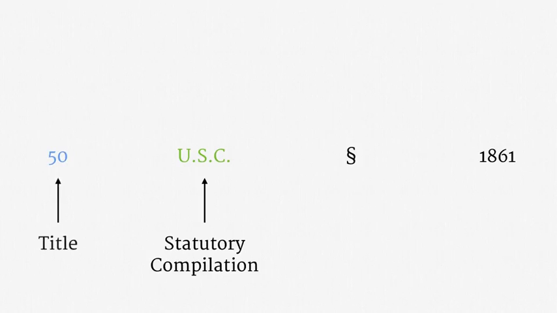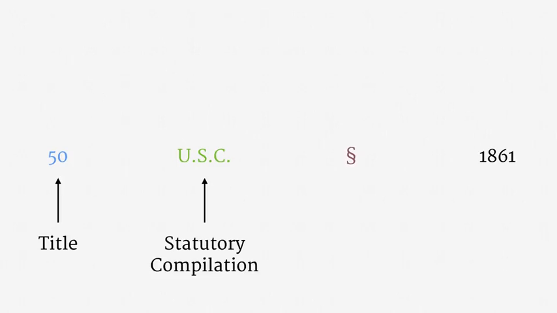For clarity, let's separate the components. The reference to USC in the middle tells us which statutory compilation this is. It's the United States Code, which contains federal statutes. The 50 on the left tells us which title of the compilation we're looking in. Title 50 happens to deal with national security.